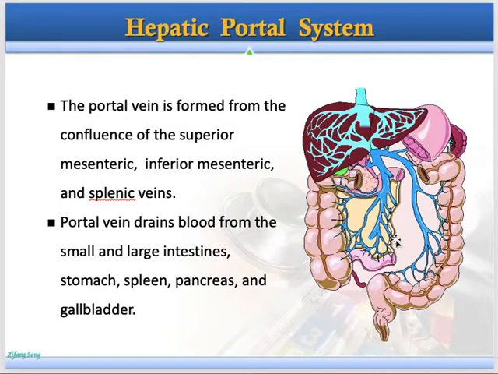Now, the important thing here is that the portal circulation, or the portal vein, communicates with the systemic circulation at certain points.